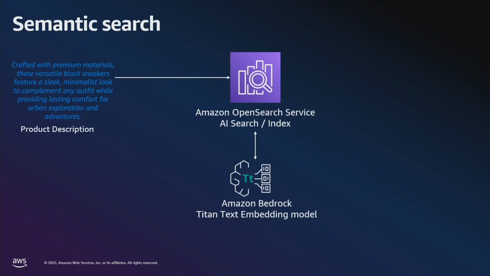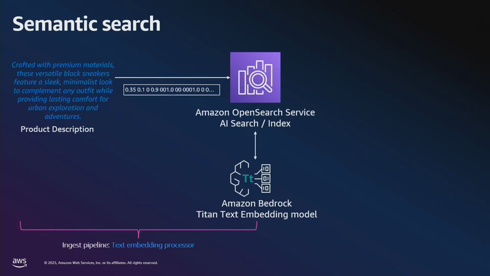Let's say we are building an e-commerce application to find the right product, where users can simply find products by entering natural language text. To do that, we take the product description and use an ingest pipeline that talks to the dense embedding models. Here I am using the Titan text embedding model.